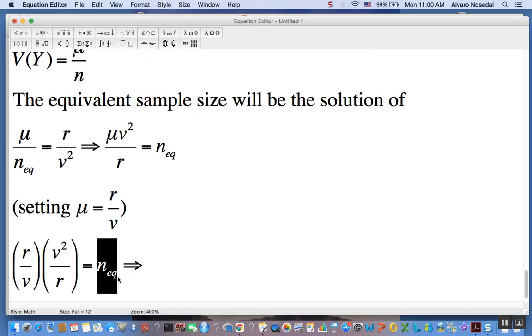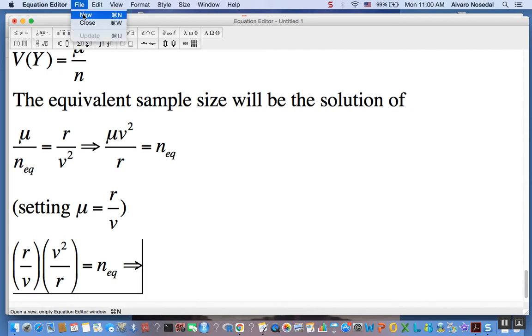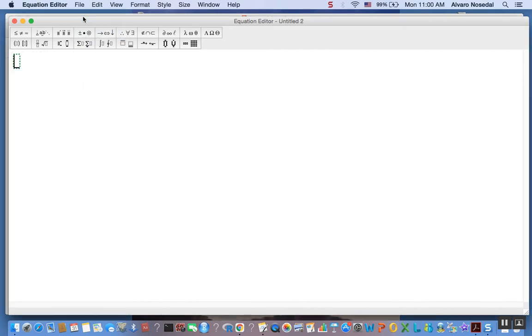Can you see that from this, right? These guys will cancel out. We only have a V, right? V equals the equivalent sample size. Let me write that down in another file here. So our equivalent sample size will be V. Make sense?